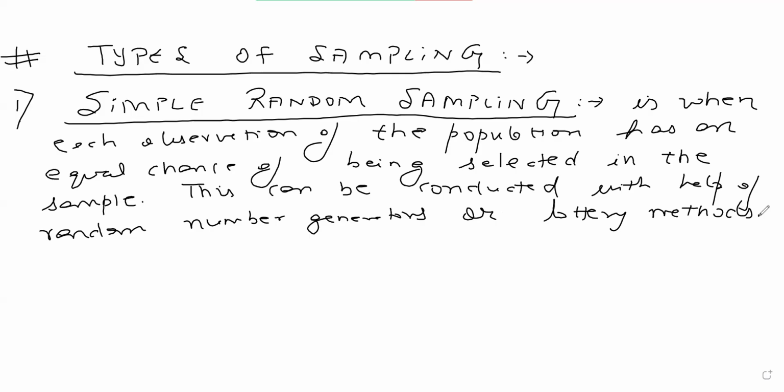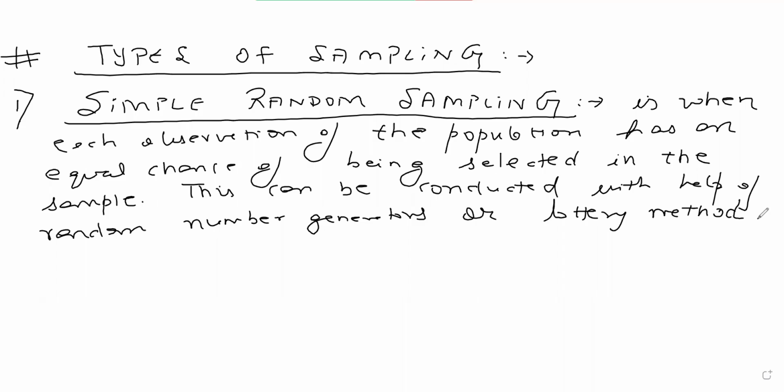The lottery method is a very famous method where all candidates write their names on chits of paper. And suppose I have to call out prizes, then what I do is I simply close my eyes, I mix the chits of paper in a jar, and I randomly call out names for prizes.